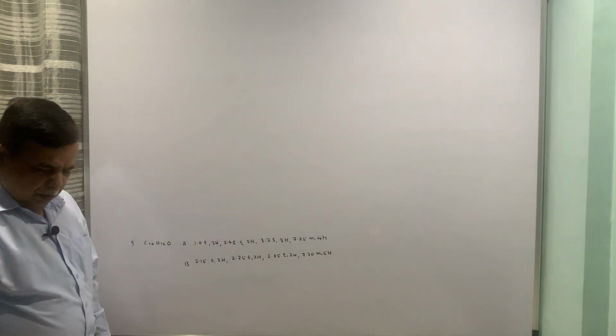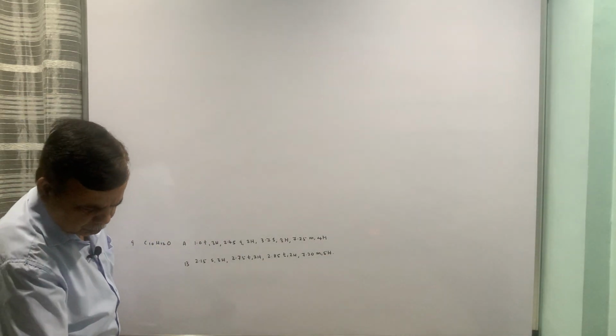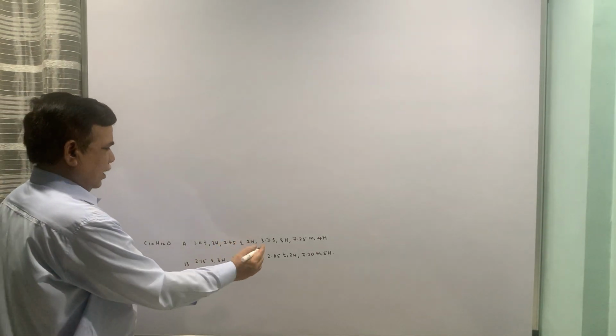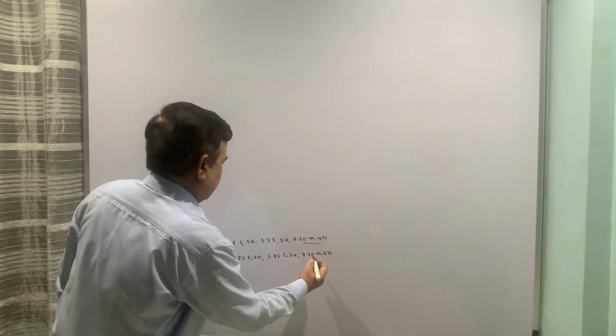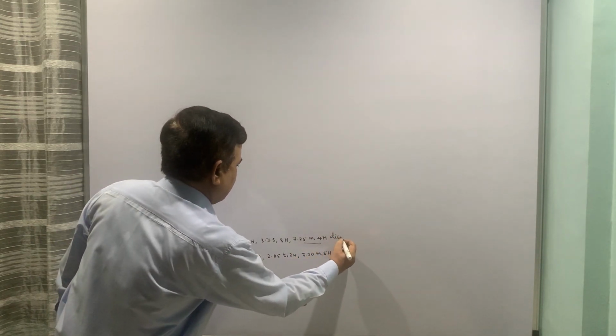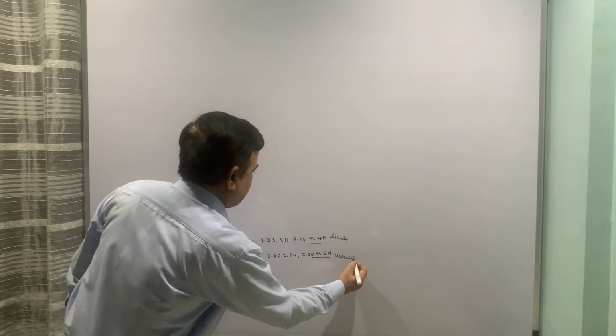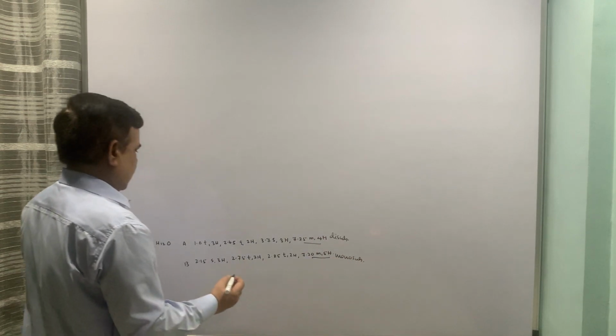Okay. Now there are two examples. It is a disubstituted ring. So you can think this is disubstituted from this. This is a monosubstituted aromatic ring. Okay.